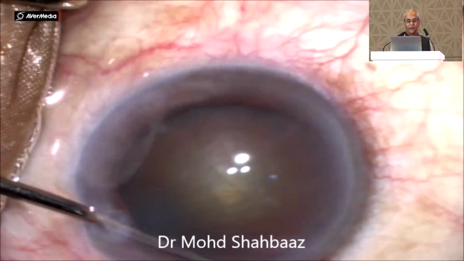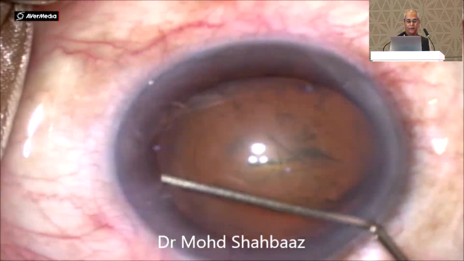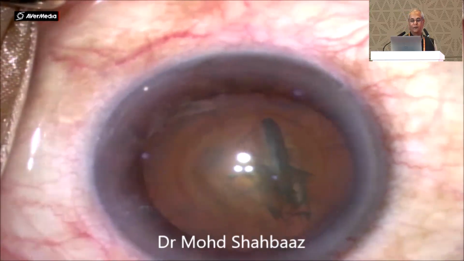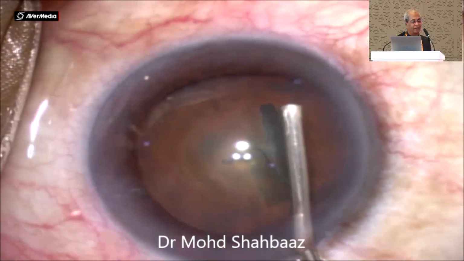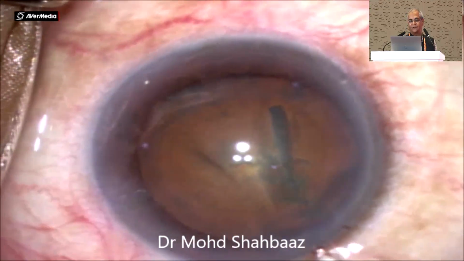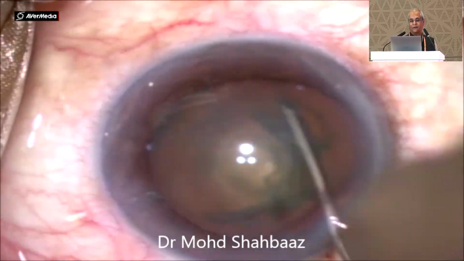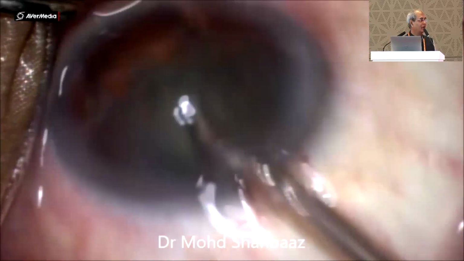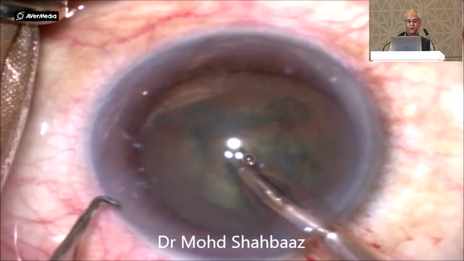And when the capsule is separated, you do just a proper hydrodelineation, and now the nucleus will rotate along with the cortex. So it's moving along with the cortex. Now when you do phaco, everything will come along with it.